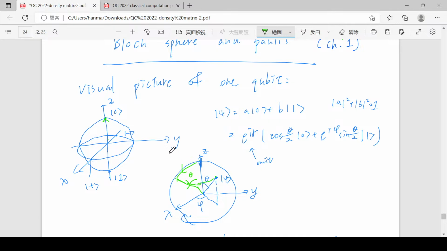Those correspond to the Bloch sphere very nicely.